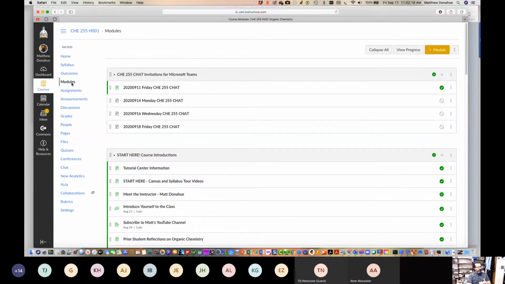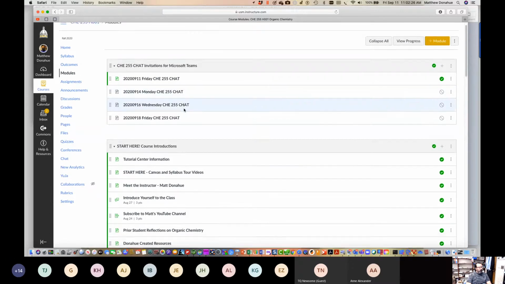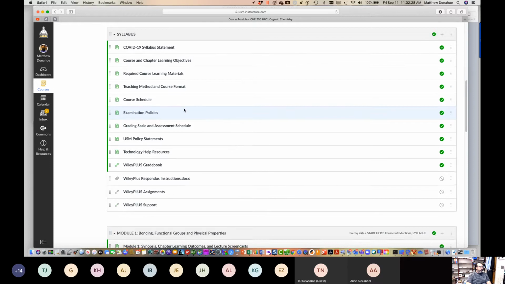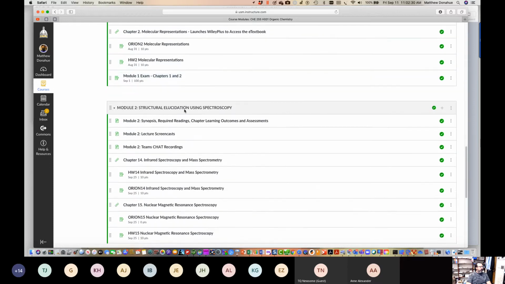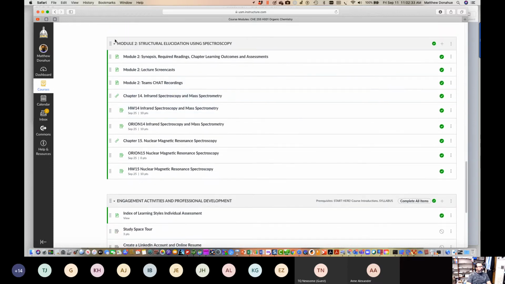If you do have a smartphone, download the Canvas app so you get notifications when things change, announcements, etc. And again, just a refresher from Wednesday's announcement. We're in Module 2 now. When you're clicking into the Wiley Plus resources, this is the chapter reading here, chapter 14 or chapter 15.